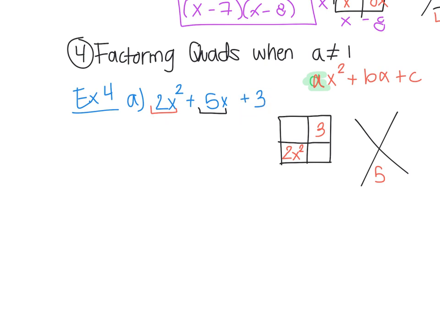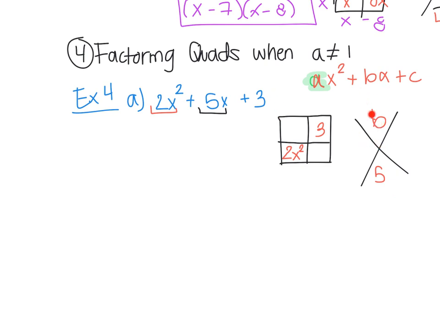So always, if the coefficient of x squared is anything other than 1, then you multiply that by c and put it at the top. So that would be 2 times 3, which is 6. And the two numbers we're looking for in this diamond game now are that they multiply to 6 and add to 5 instead of multiplying to 3 and adding to 5.